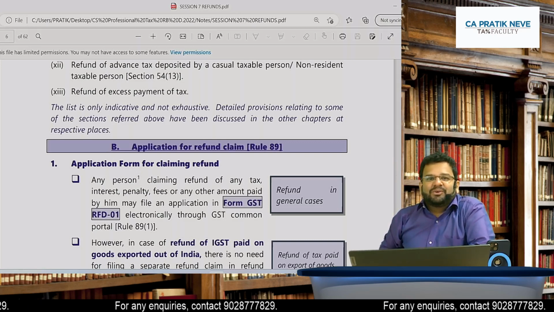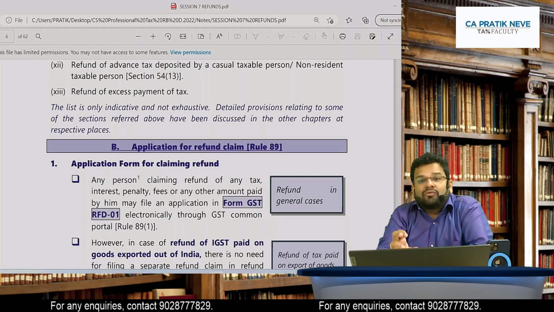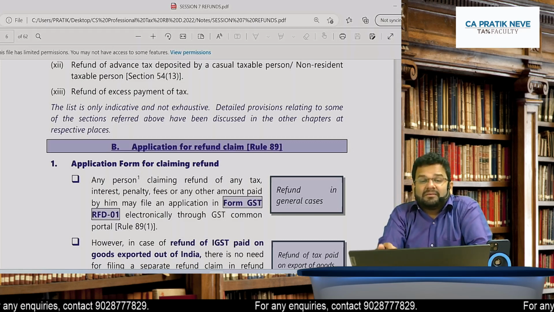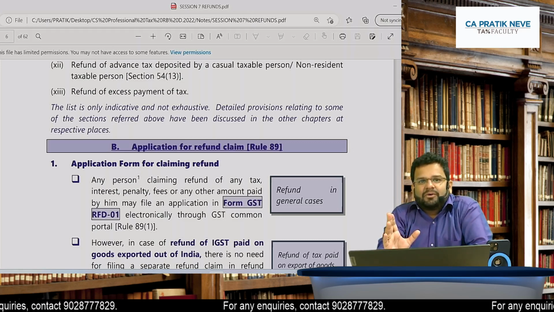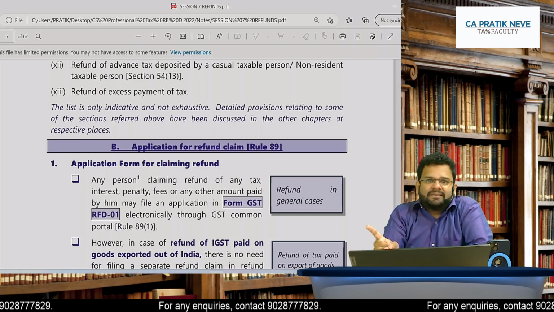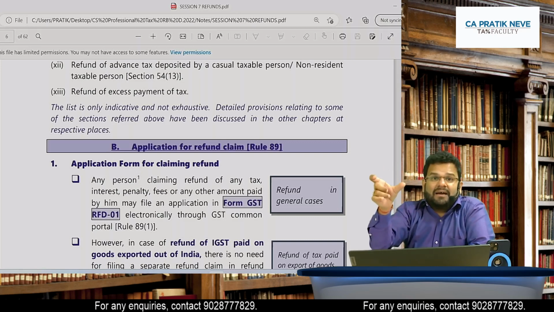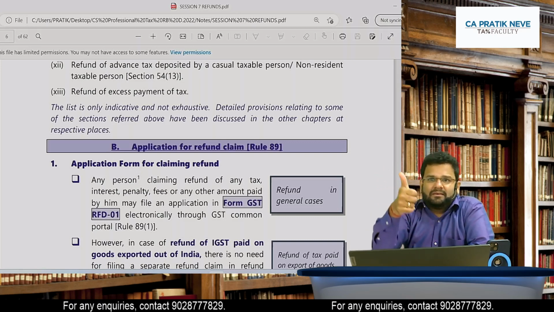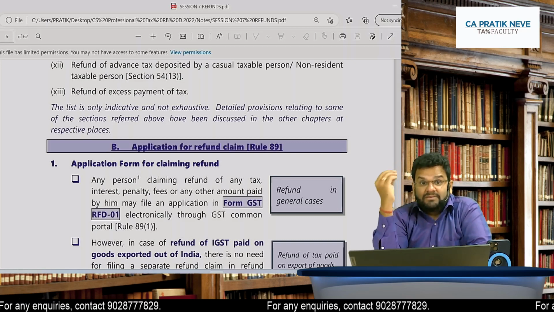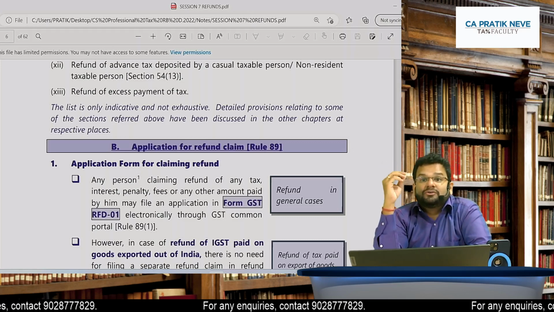So this gives you an idea of cases where refund can be granted. Quickly tell me critical cases. One critical case is zero rated supply. In zero rated supply, whatever ITC I will have, that ITC can be given as refund. Second, very important, is inverted duty structure. Very good, Sushma.